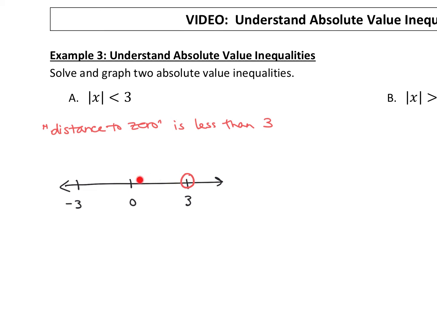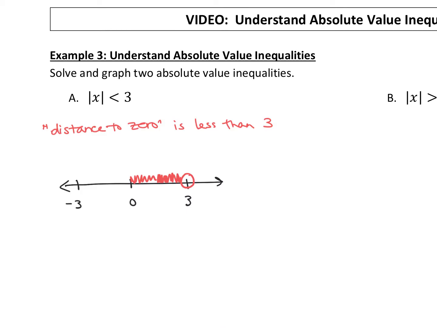Right now, this distance is 3. So I can't have distances bigger than 3 out on that side, right? So to have smaller distances, you actually are coming in. All of these distances to 0 are less than 3. So maybe it's a distance of 1, a distance of 2, a distance of 2.9. Those are the distances less than 3 on that side.